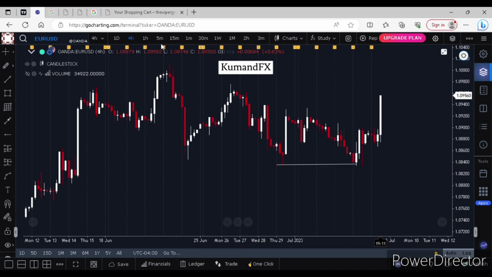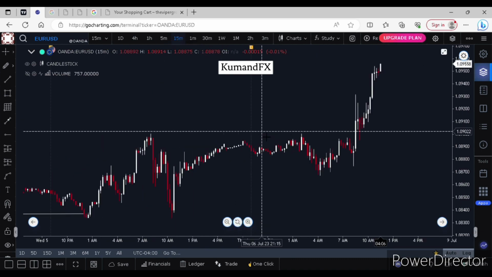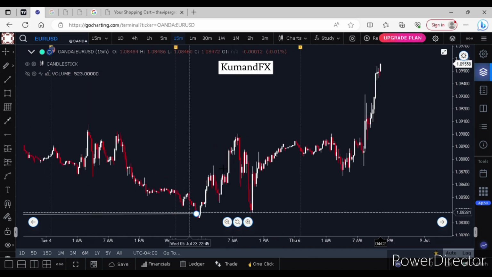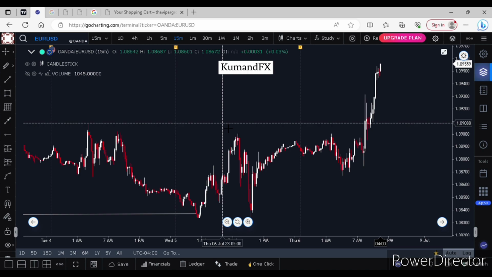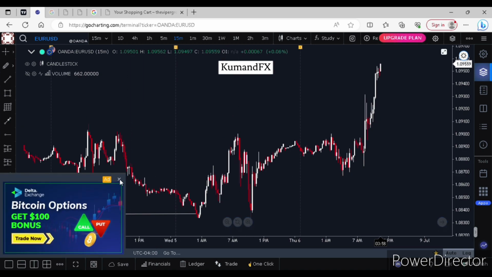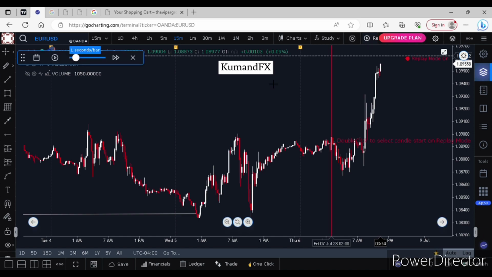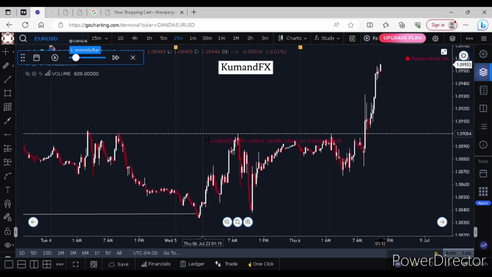So now we'll play back price to the point where it swept the low, after it swept the low, to see what actually took place in the market and the chances of you taking entries.